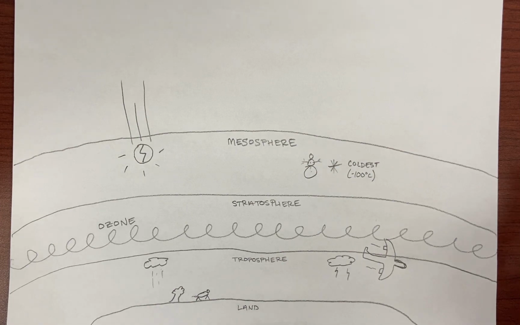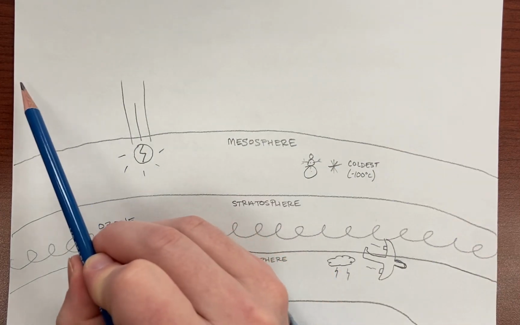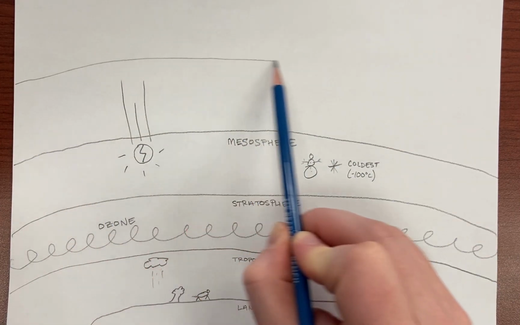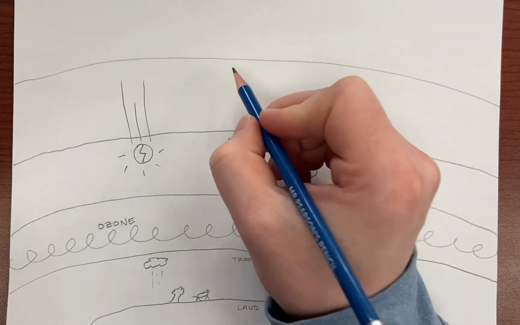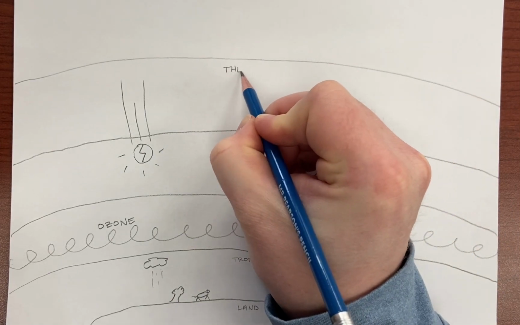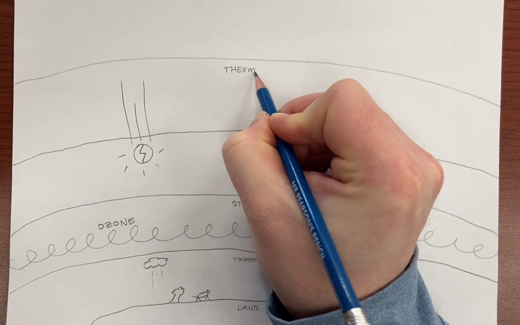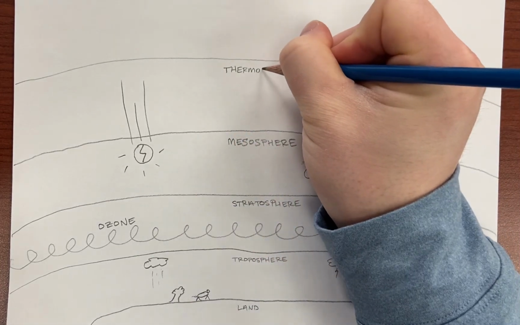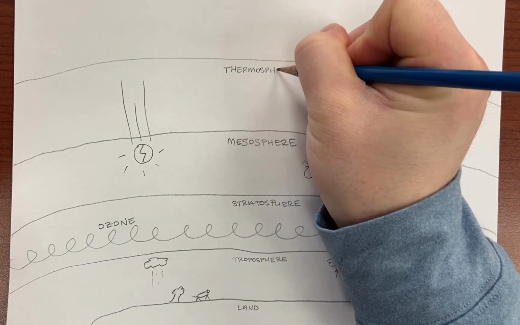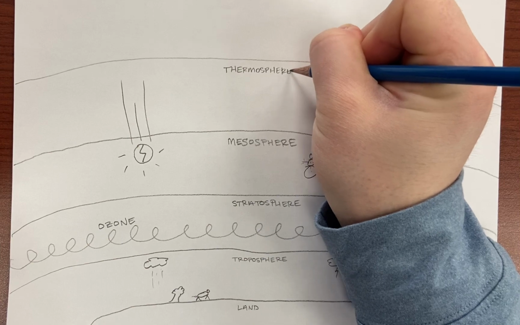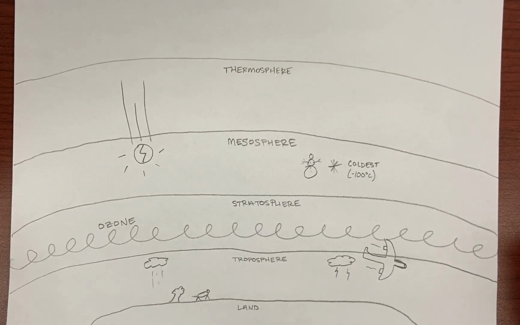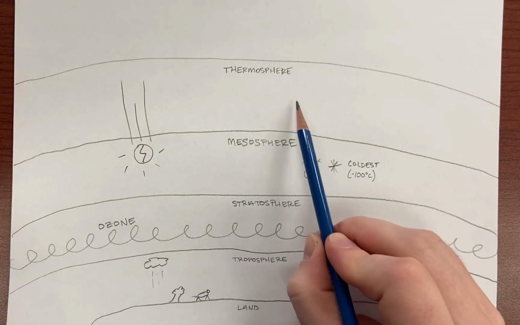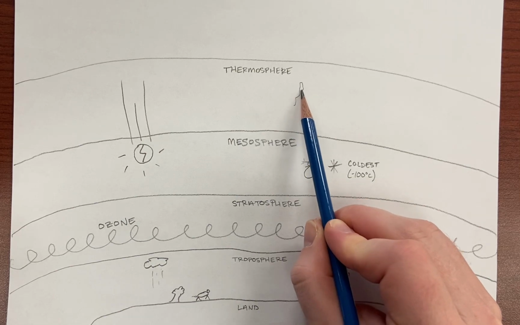Okay, now let's go to the next layer, which is our hottest layer. So we go from coldest to hottest. This next layer is called the thermosphere. Okay, the thermosphere. Now, if you want to draw some sort of flames, you can.